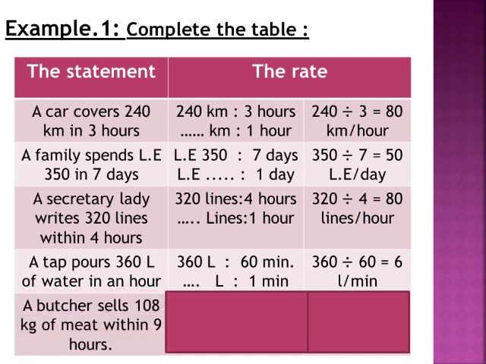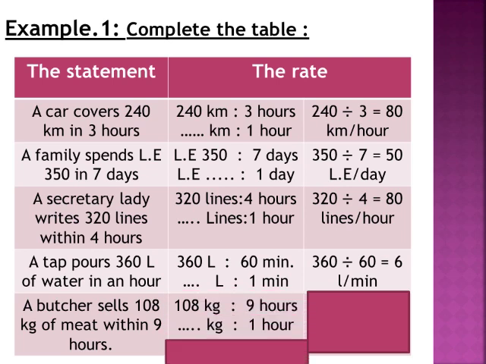Another example. A butcher sells 108 kilograms of meat within 9 hours. How many kilograms in 1 hour?